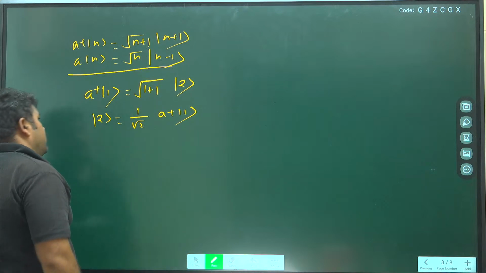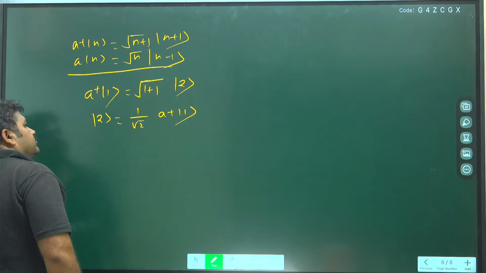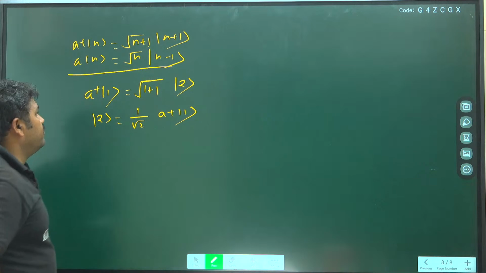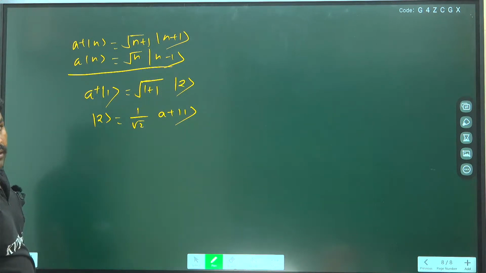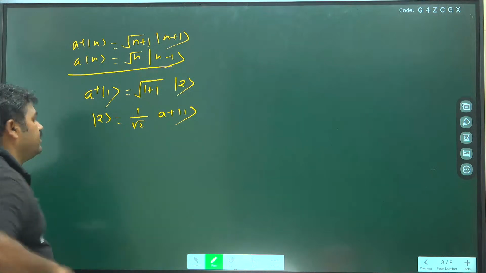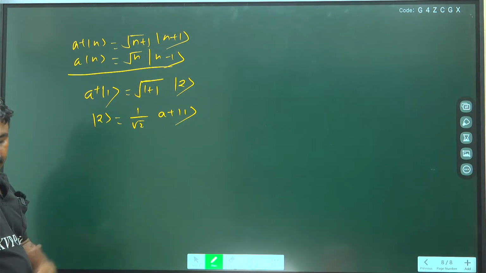Next, A dagger operate on ket 1, we're getting root 2 ket 2. Okay. Next A dagger operate on ket 2.